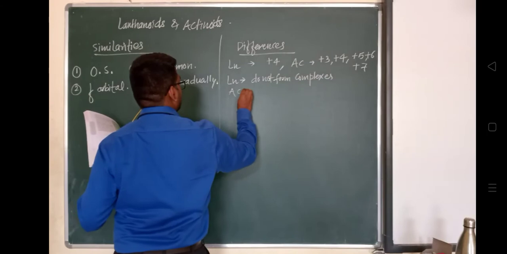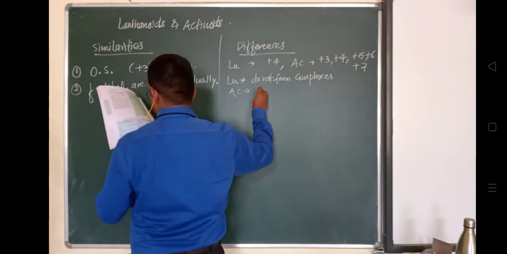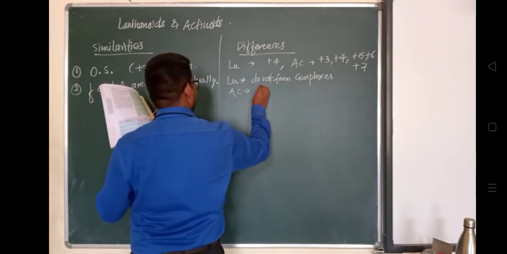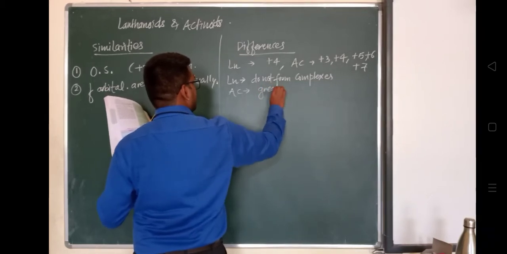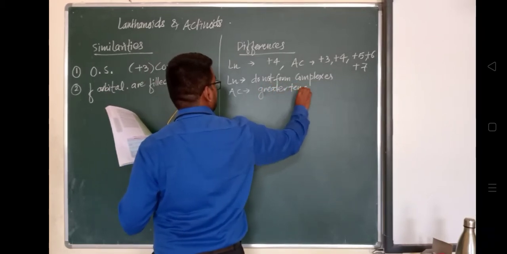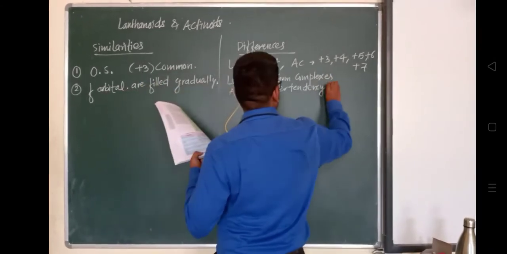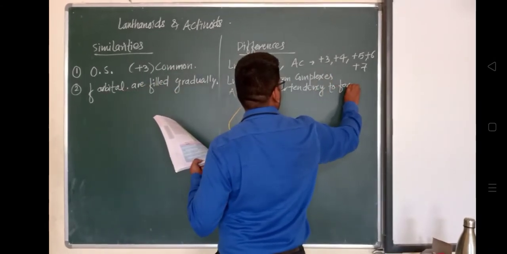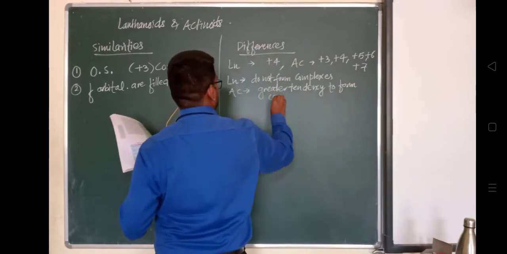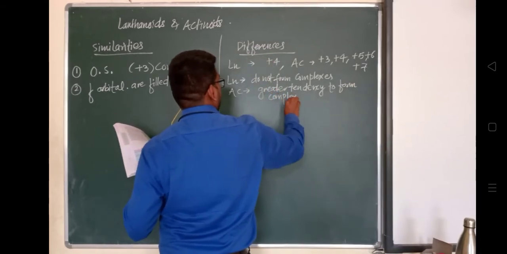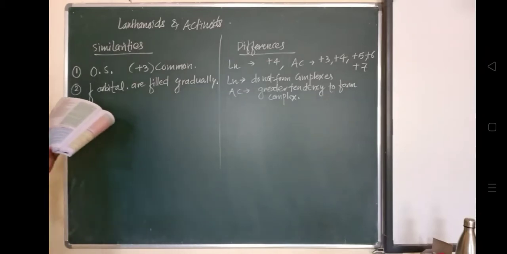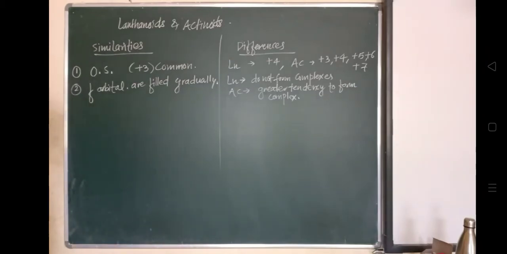This is the difference between actinoids and lanthanoids. With ligands such as thioethers, actinoids form complexes, but lanthanoids do not form various complexes. If we talk about reactivity, actinoids are less reactive, while lanthanoids are more reactive as compared to the actinoids.